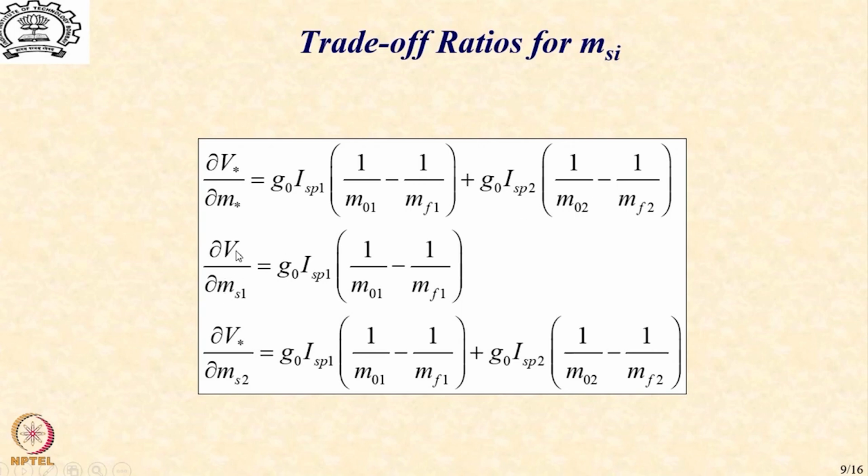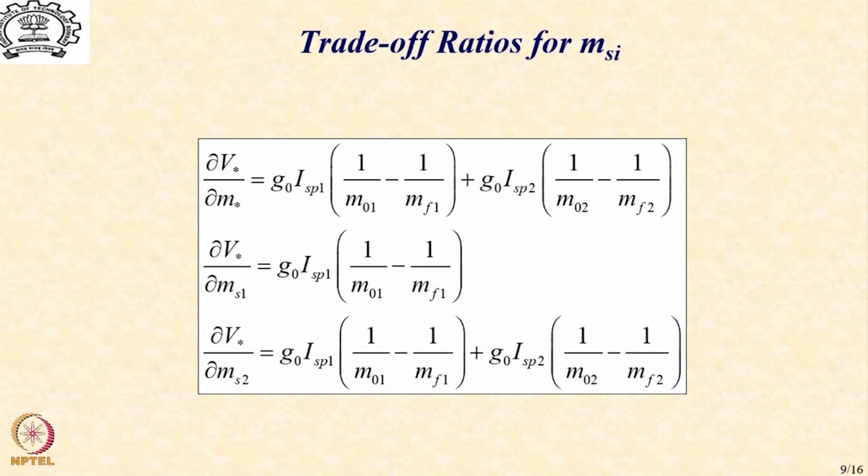When I look at the v star expression, I immediately realize that when I use ms1, the variation is only with respect to the structural mass of the first stage, so the structural mass of the second stage is constant.